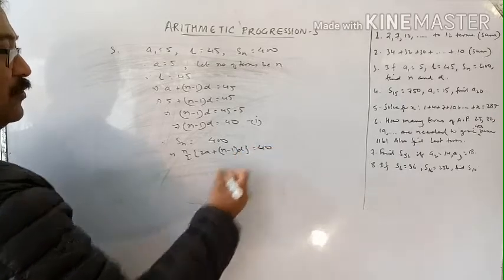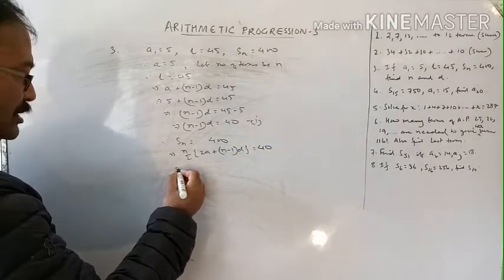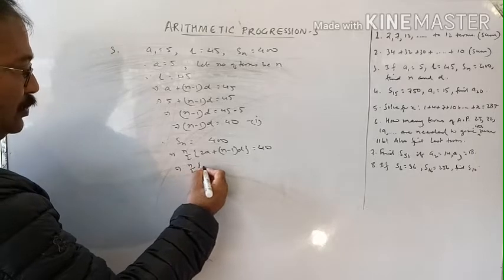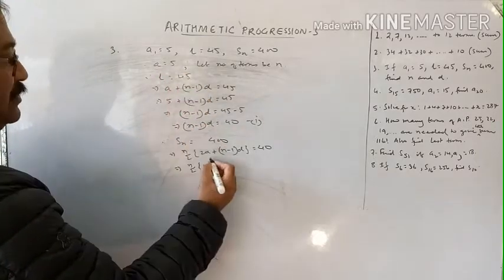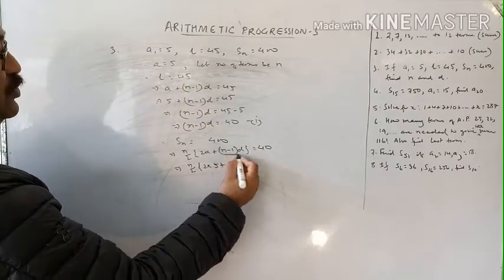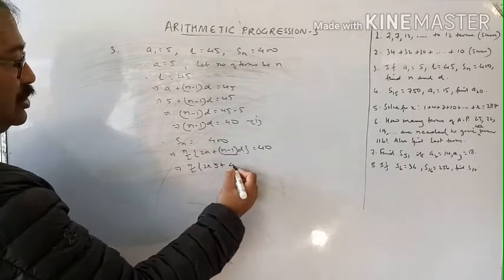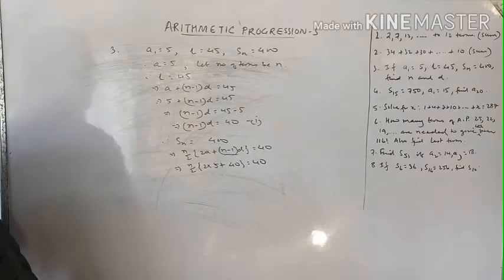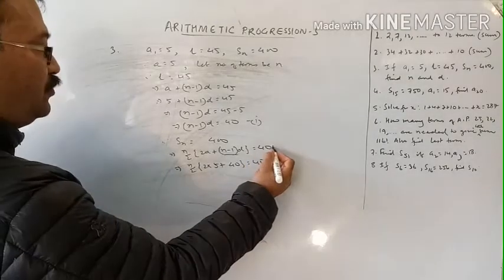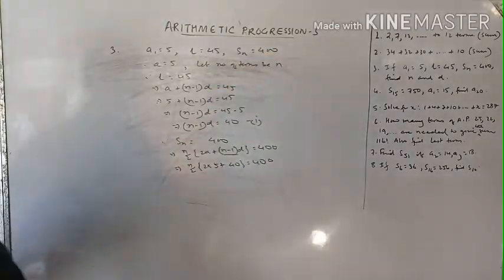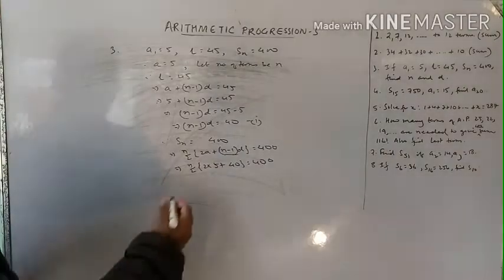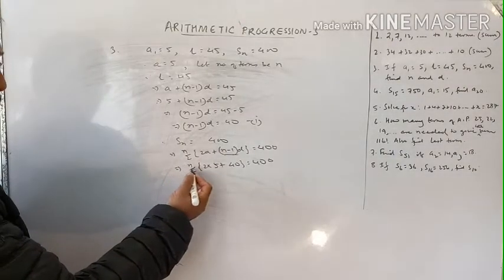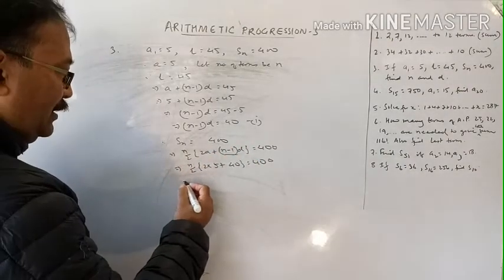So this implies n by 2 into 2 times a, which is 5, plus n minus 1 d, we know the value here, that is 40, is equal to, sorry, not 40, it's 400. Sum is 400. So here the only unknown quantity is n, so we can solve for n.